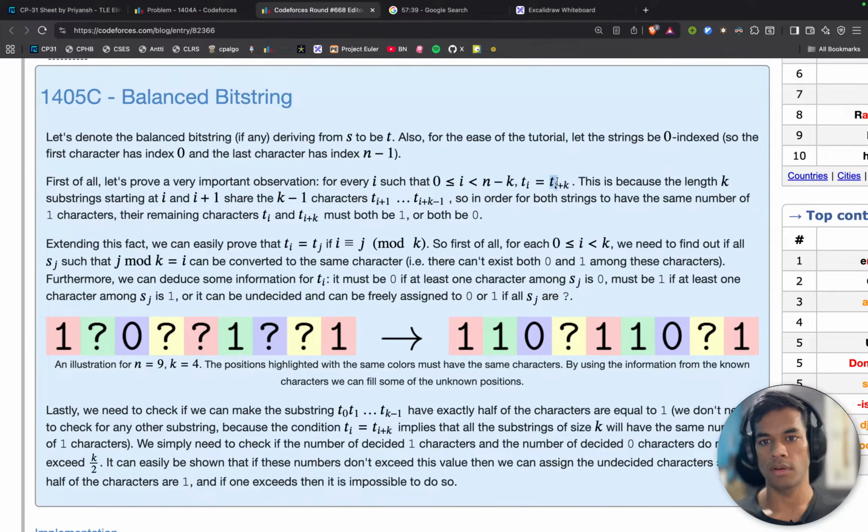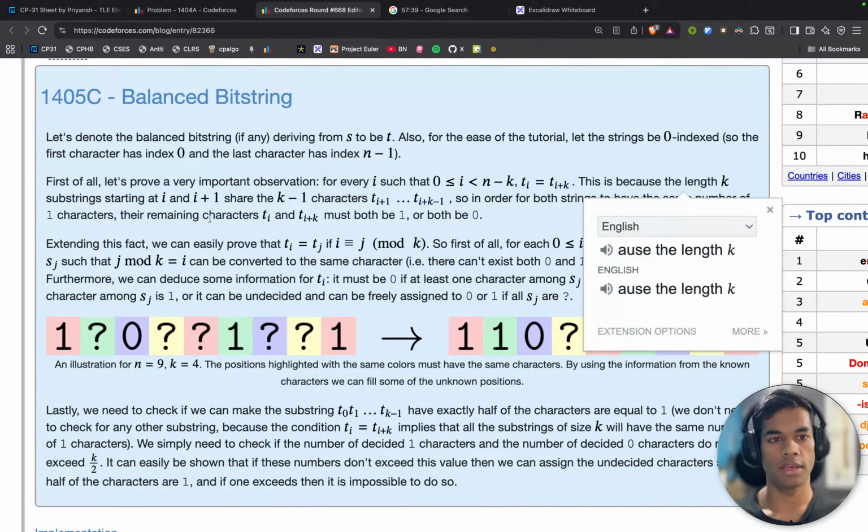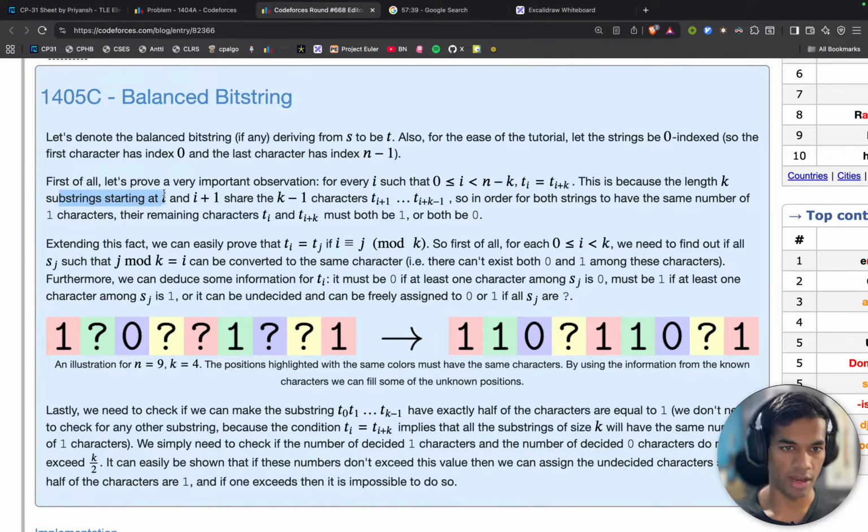Ti equals Ti plus 1. That makes sense. This is because the length k substrings starting at index i and i plus 1 share k minus 1 characters, the balanced substring that we get, from T i plus 1 to the last character.